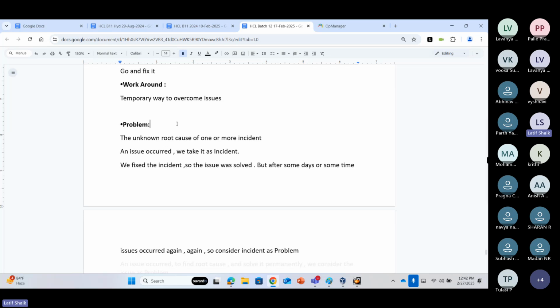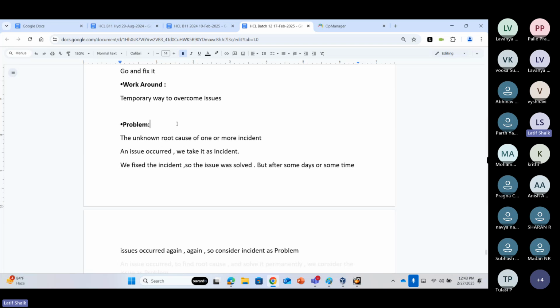Similar kinds of incidents or a repetition of incident means I checked last time it was working, and I got an issue, I repaired it, now it is working. Again after a few days, I'm getting the same issue. Again after a few days, again I am getting the same issue. That is repetition of incident.